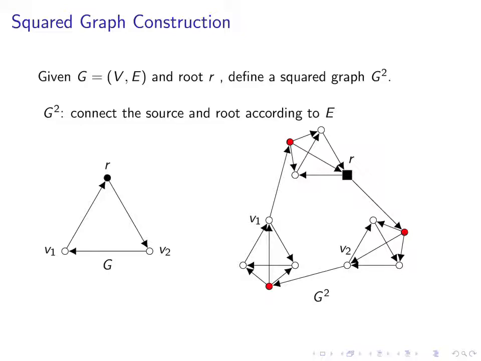An example will be the edge from the V1 vertex of the V1 copy to the source vertex of the root copy, and the other two edges are defined in a similar way. Eventually, we specify the root of the root as the root of G squared.